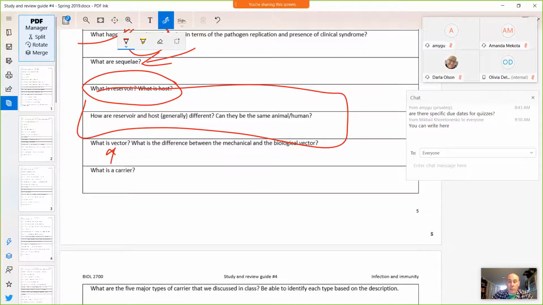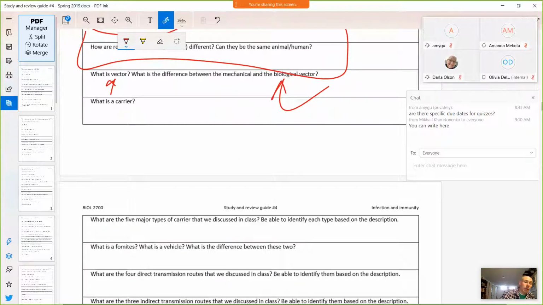A mechanical vector transmits the disease mechanically from one point to another, just carrying it on its body. In a biological vector, the microorganism actually replicates inside. So like dengue virus, the mosquito is a biological vector because dengue replicates.